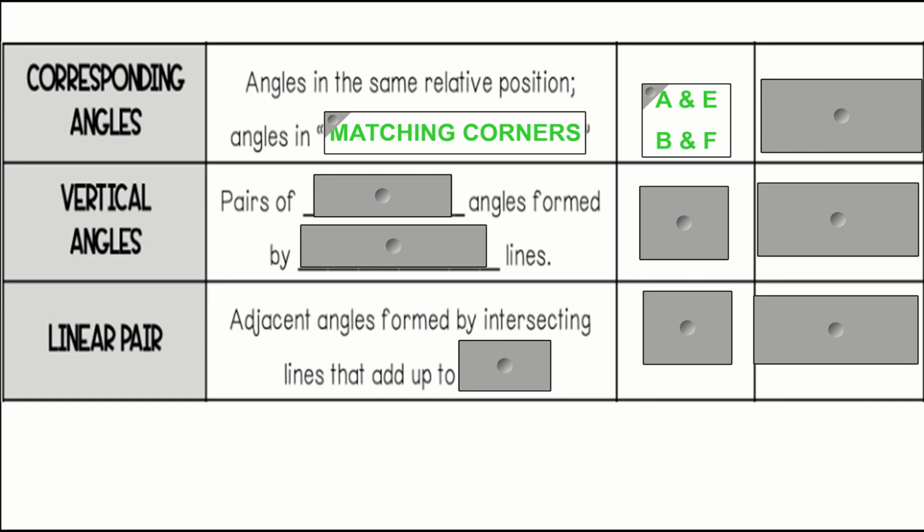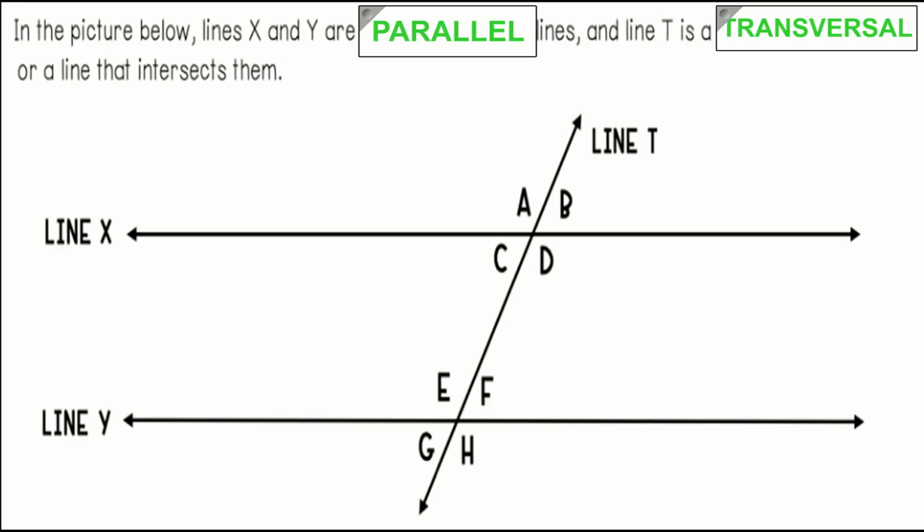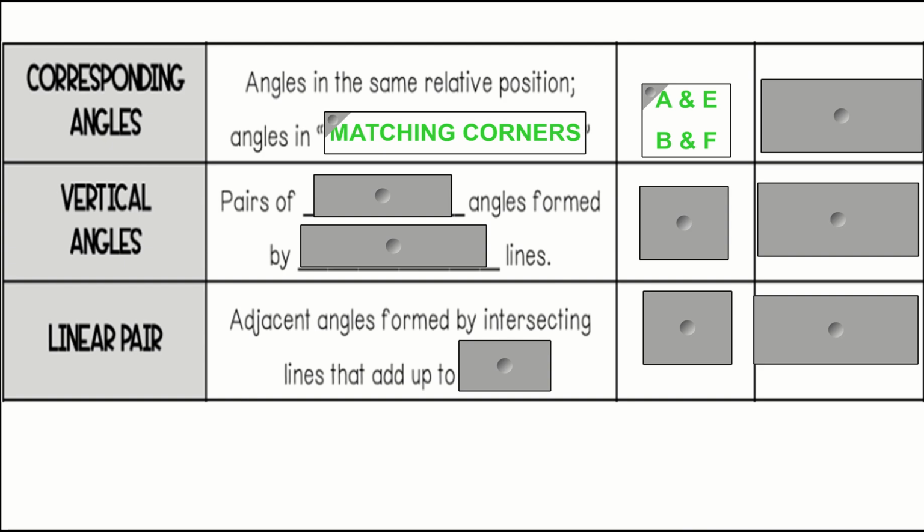There are other ones as well, like C and G, D and H, okay? So what the corresponding angles are saying is they match. So if I've got A is top left, E is top left. Y'all see how they match?